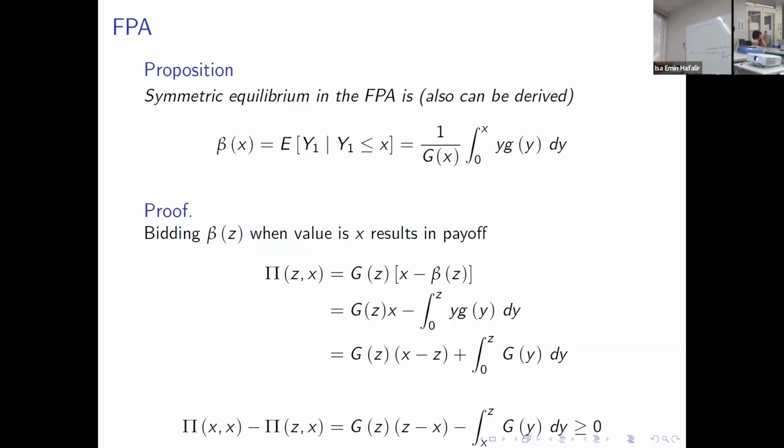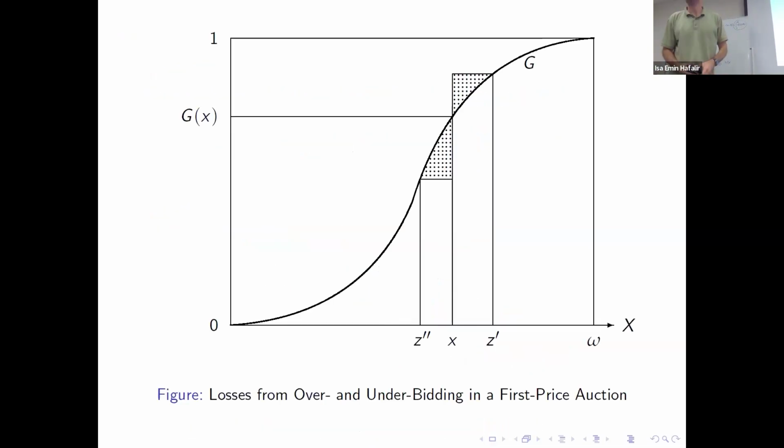Okay, so let me go slowly. This just becomes G(z)(x minus c) minus the integral from 0 to z of G(y) dy. Then you can combine these two as this one, and these two become just this one.